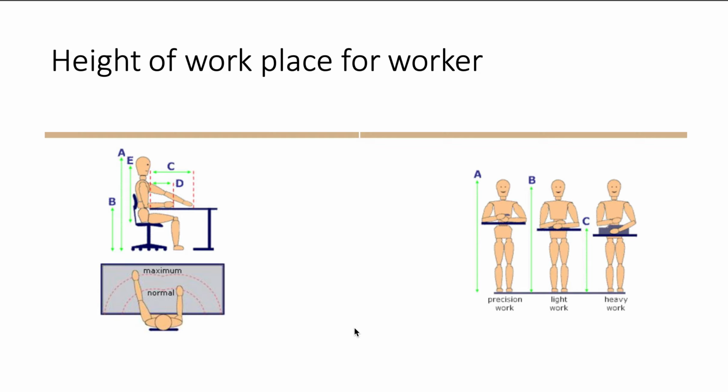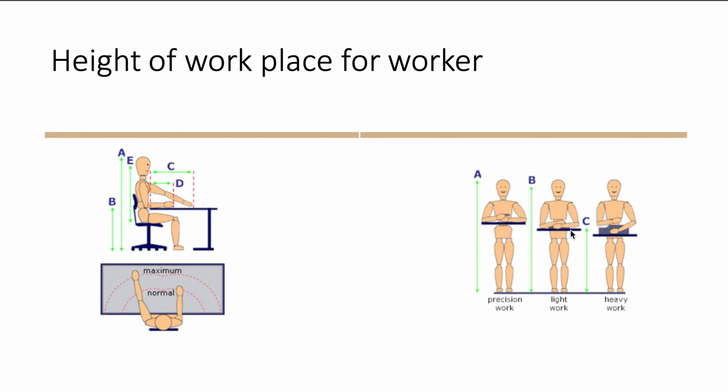Okay, so here is about the workplace, how the workplace should be for any worker to work efficiently. If he is doing standing work, here are the criteria for that. If you are doing precision work, then the height of the table should be equal to the distance from foot to elbow.